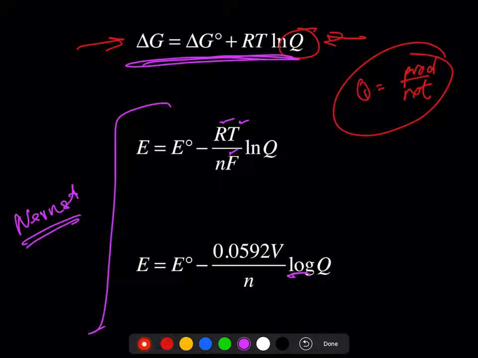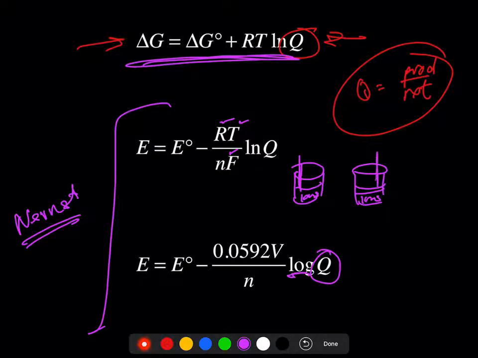But if we think about this, Q is again the concentrations wherever we are at a given moment in time. If we imagine a classic voltaic cell, here we have some ions, here we have ions, and our electrodes and our salt bridge.